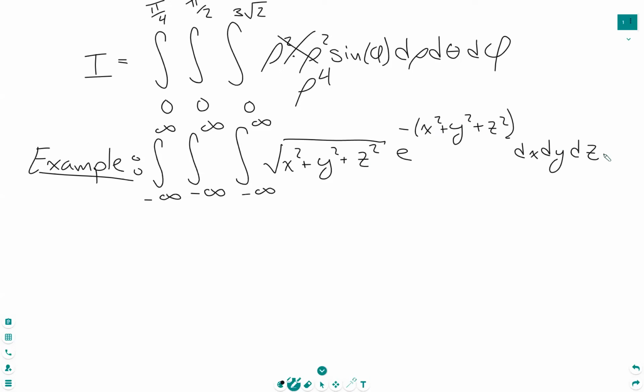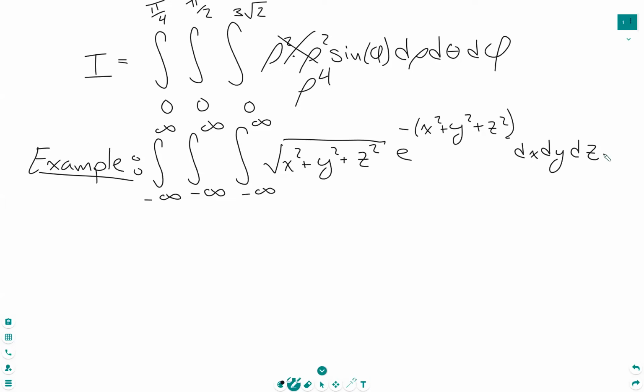So we're going from negative infinity to infinity in all of x, y, and z. So this is all of R3. So we're trying to add up all of this function over the entire domain of R3.